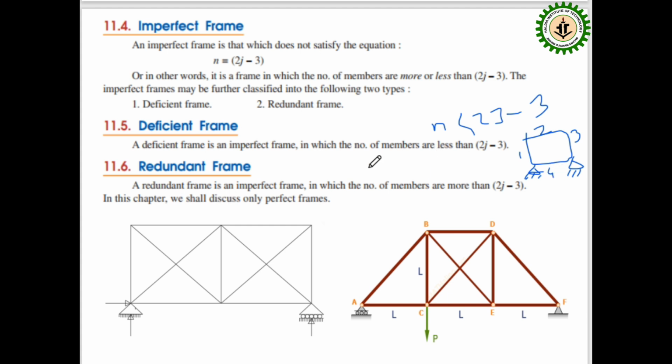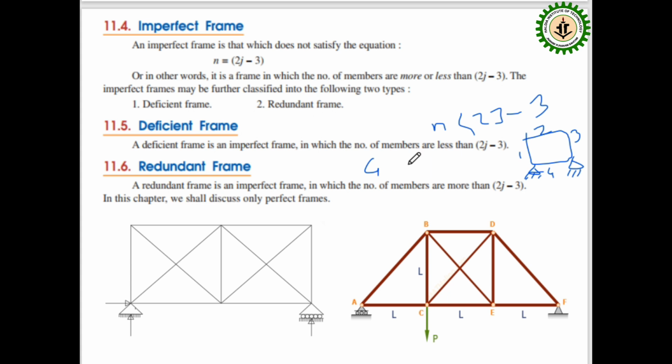So n equals 4 and the number of joints is 1, 2, 3, 4.